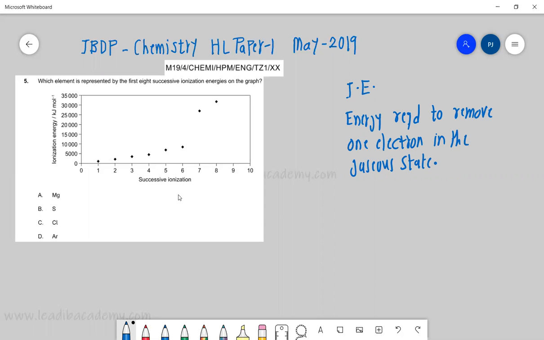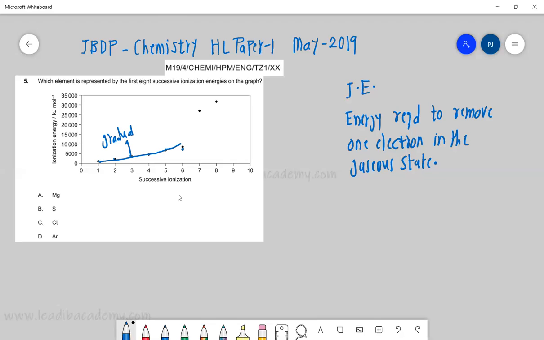So it is basically the energy to remove one electron. That is how we create these cations. So now what kind of trend do we see? For the first, second, third, fourth, fifth, and up to the sixth, there is a gradual increase.